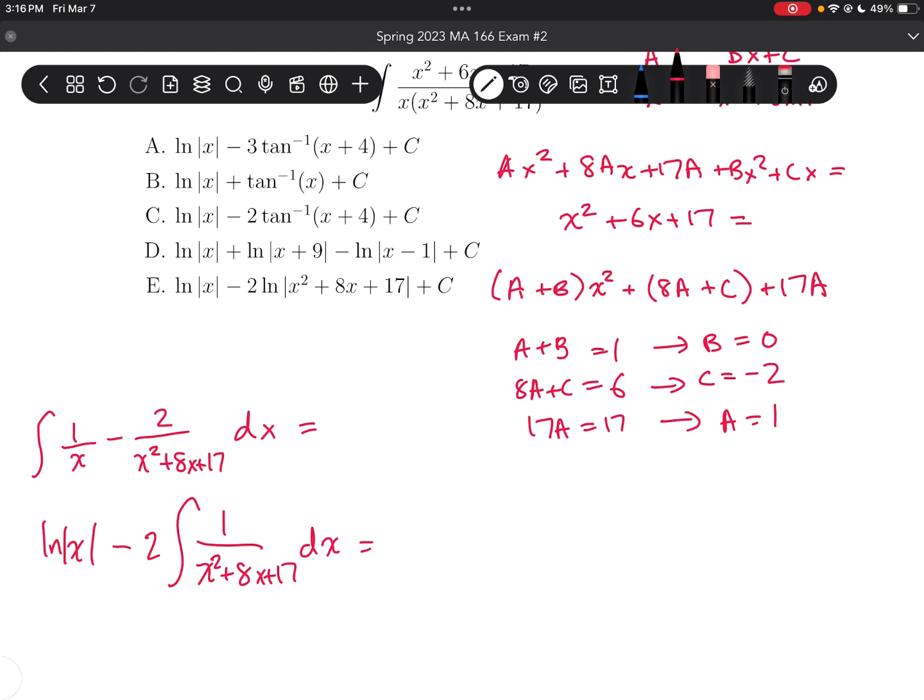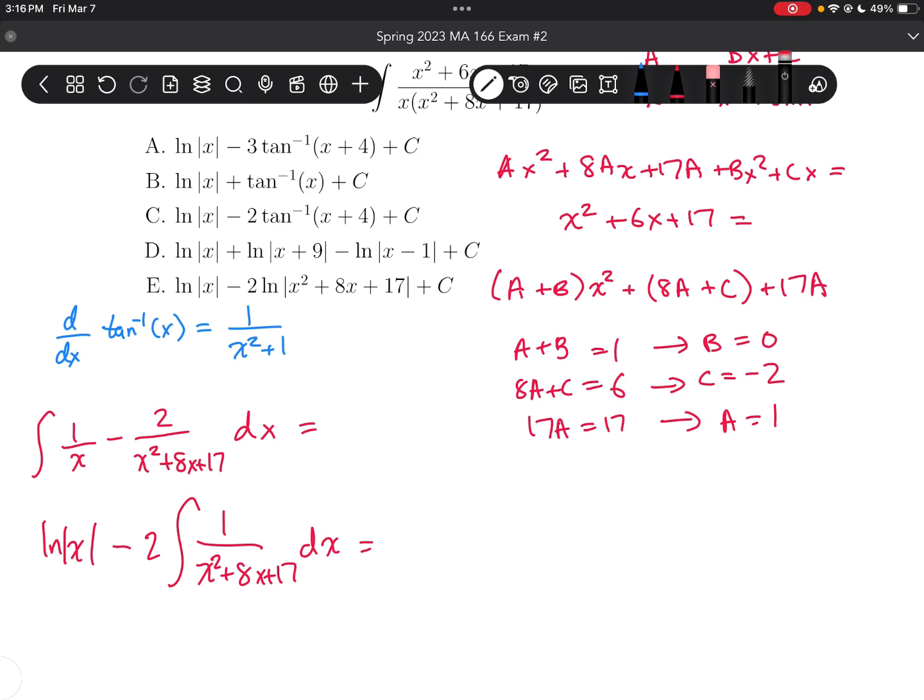What we can use is arctangent. Let me write it in a different color. The derivative of arctangent is equal to 1 divided by x squared plus 1.